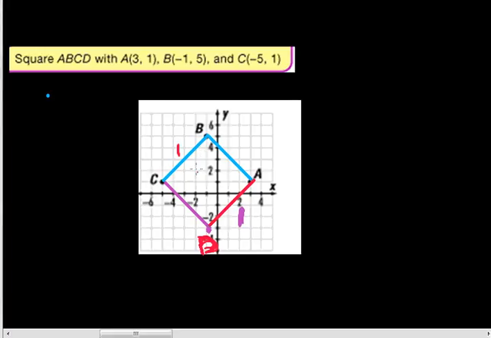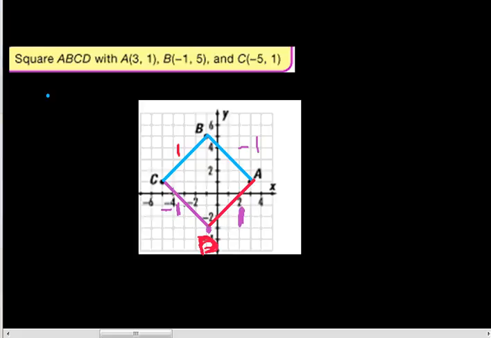Let's check the line segments AB and DC here. If I rise 1, 2, 3, 4 and go back 4, I have a slope of -1 here. And 1, 2, 3, 4 and over 1, 2, 3, 4, I also have a slope of -1 over here.